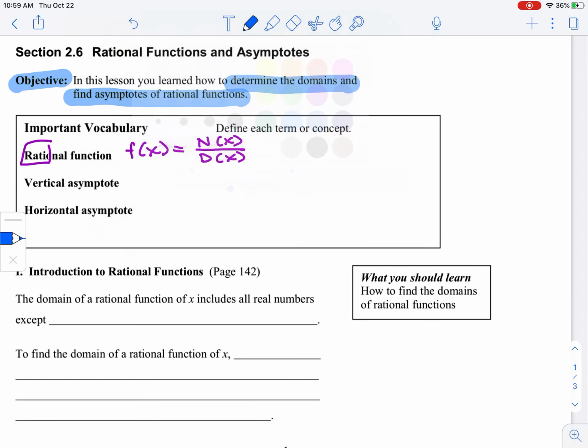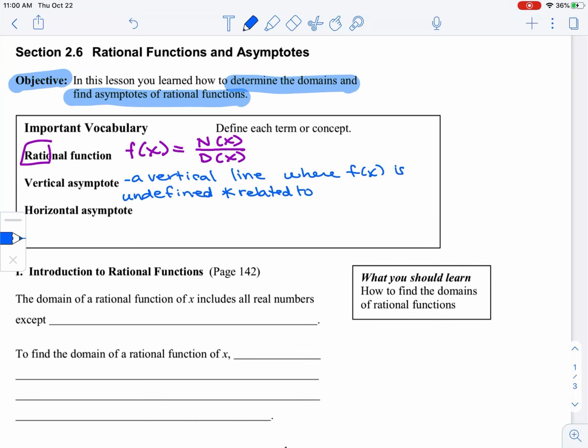Okay, and then a vertical asymptote is a vertical line where f of x is undefined, or we can say that it's related to excluded values of the domain.